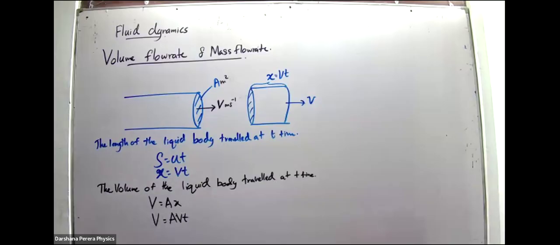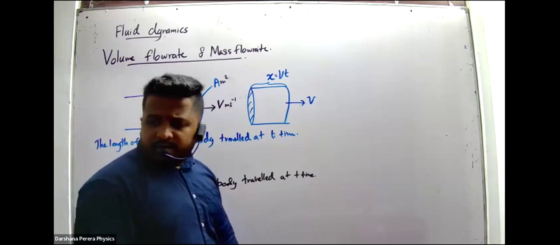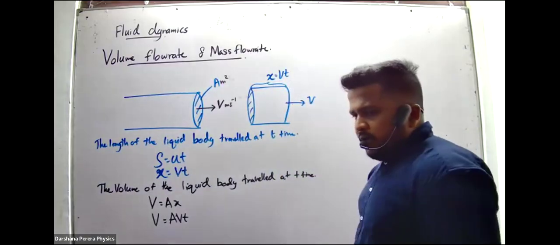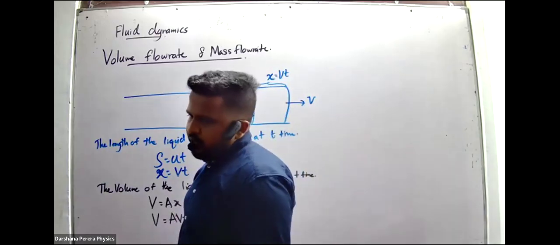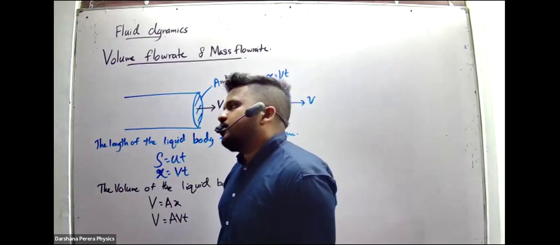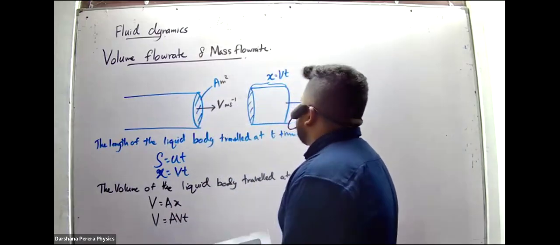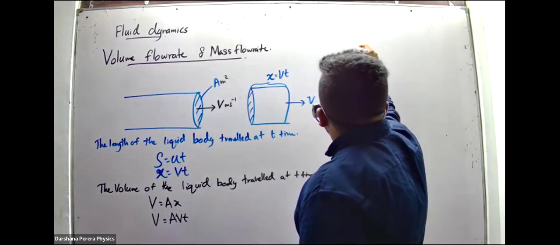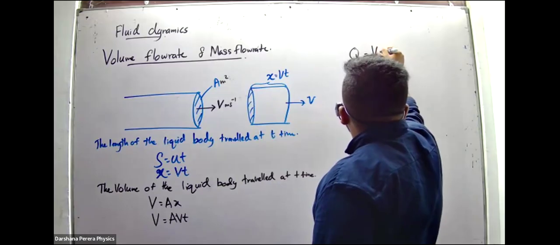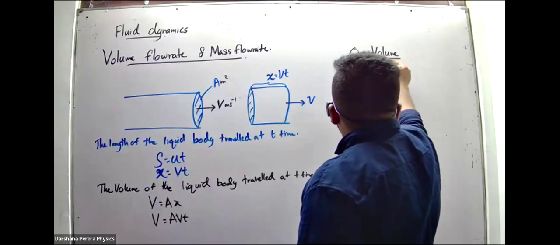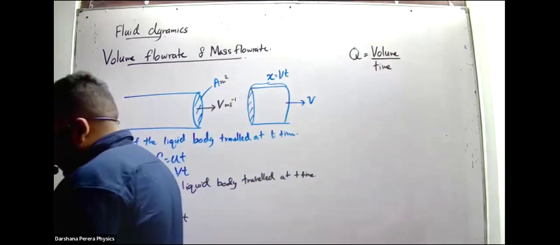Then we can find the volume flow rate and the mass flow rate. What is meant by volume flow rate? Volume per unit time is called volume flow rate.